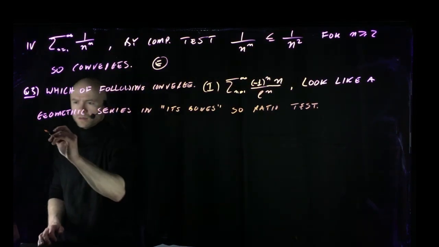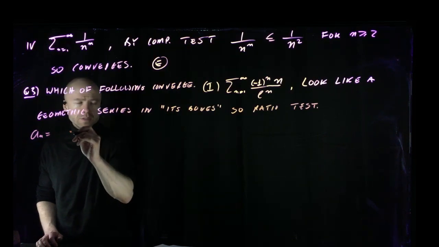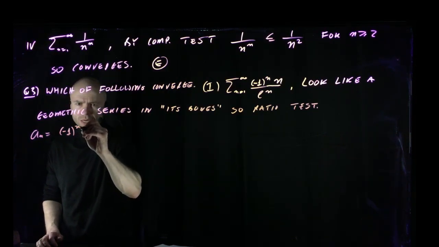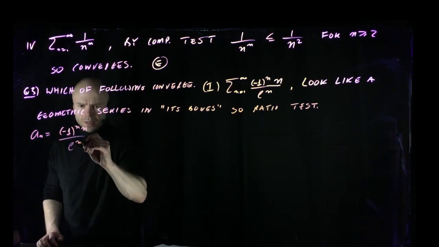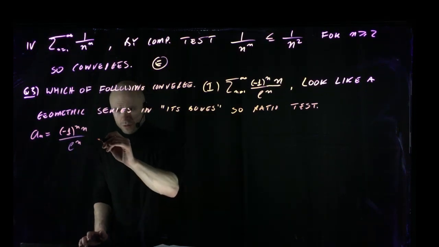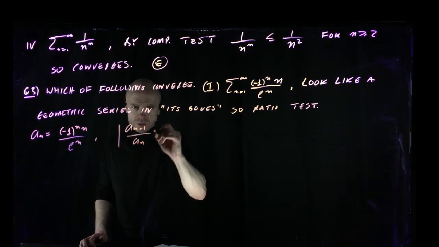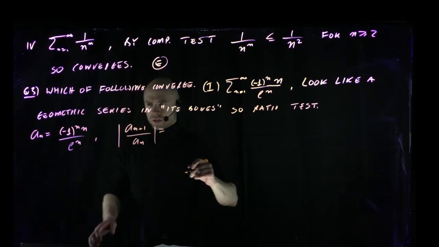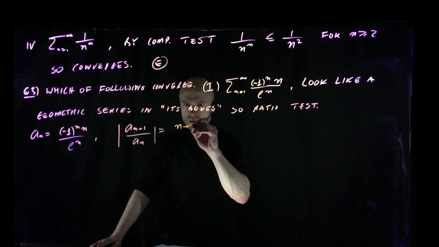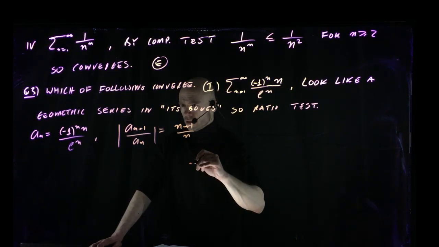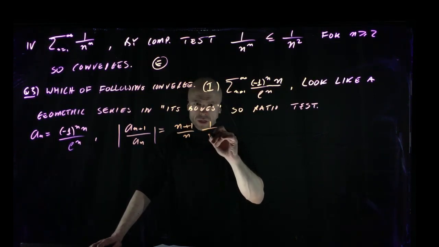So let's take a_n to be these guys, (-1)^n over n e^n. And then if we take a_(n+1) over a_n, what do we see? The minus 1's just disappear. We're going to have n over n plus 1, and then we're just going to have 1 over e, right?